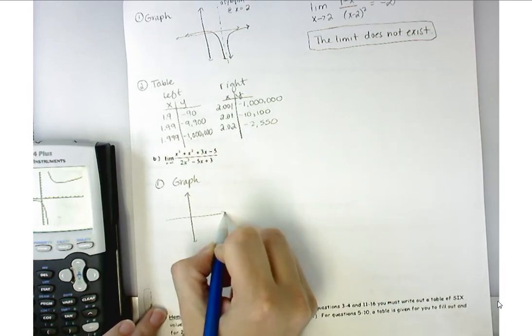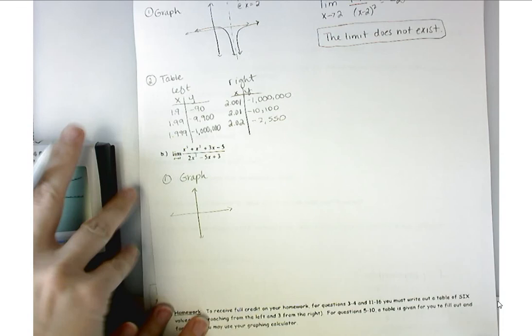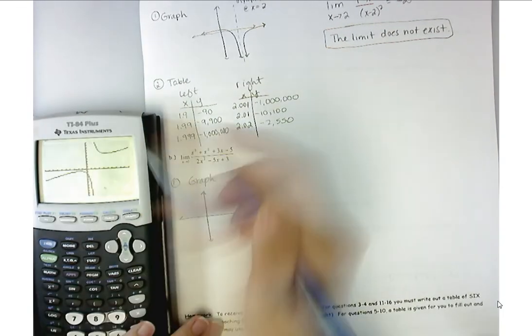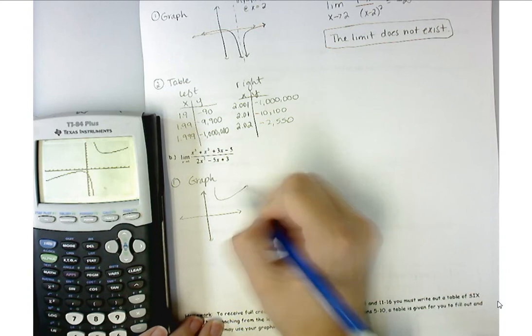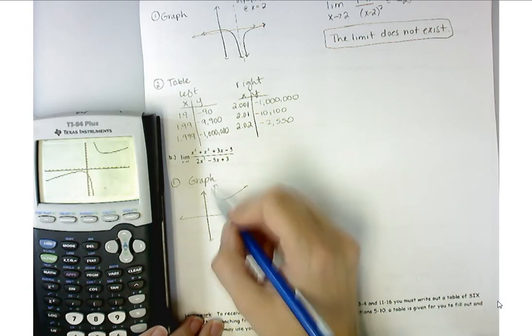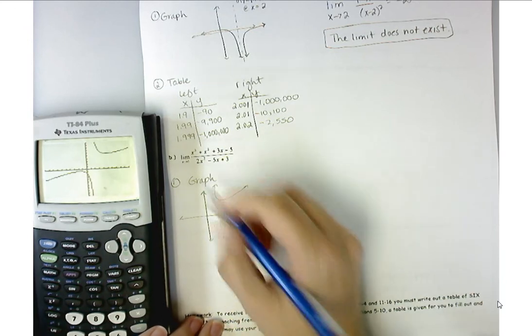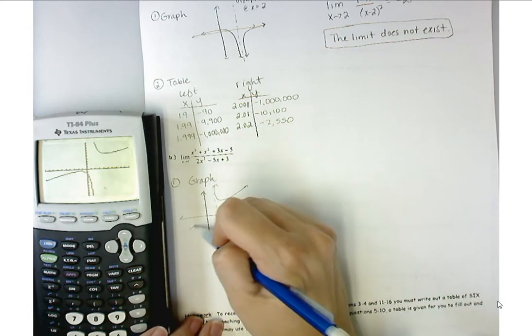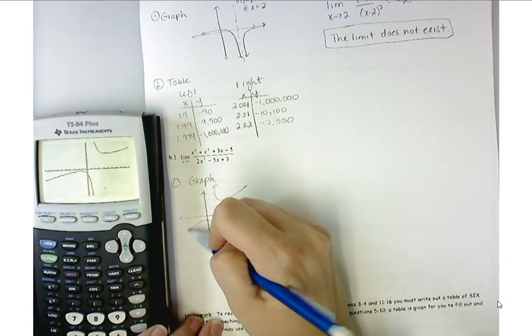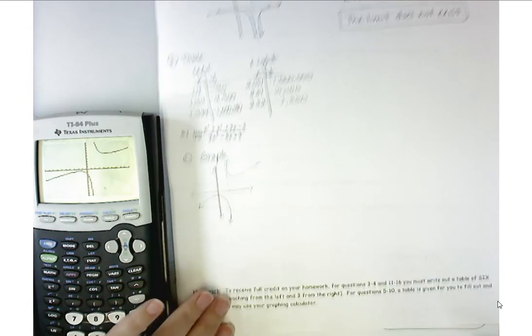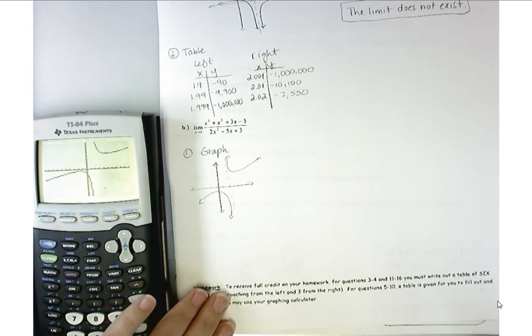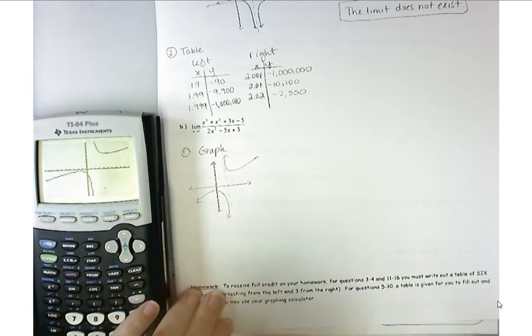Okay, so I'm going to draw a rough sketch of my graph here. Kind of looks like I have one of these going on. I am going to have an asymptote here. Okay, and then I'm going to pick some values from my table.